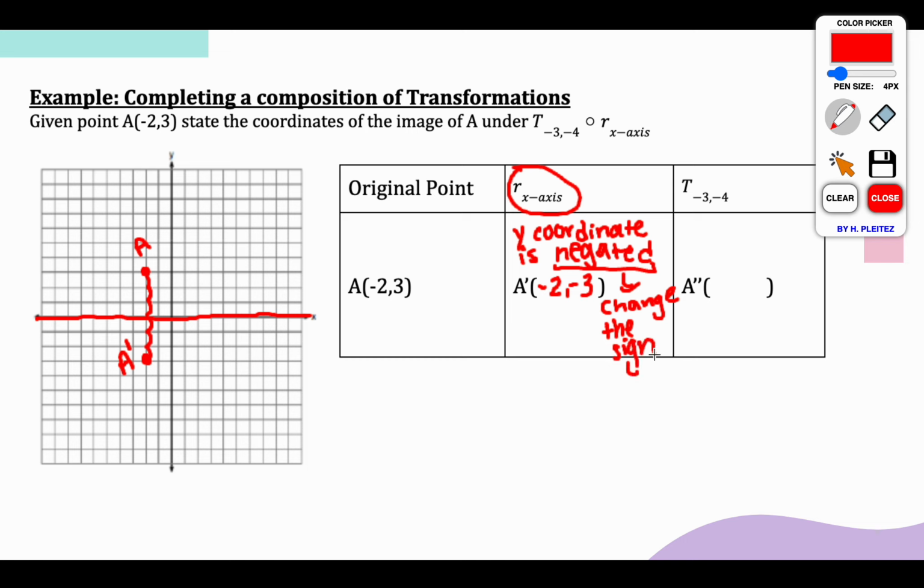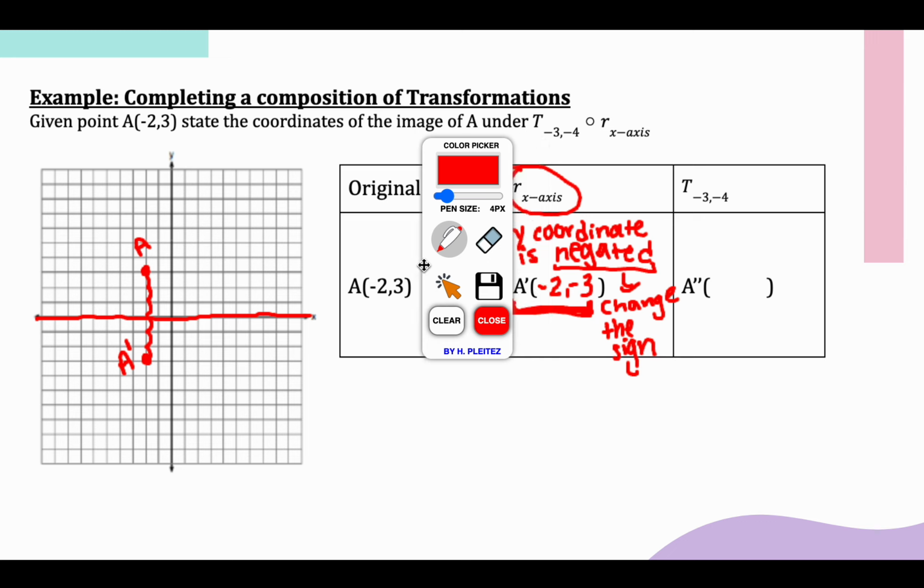So now for A double prime, we are taking this point that we just found here, (-2, -3), and then we're performing the translation on that. We are not going back to this original point A and then completing that translation. We are doing the reflection first, and then the results of our reflection, we are using that in our translation.